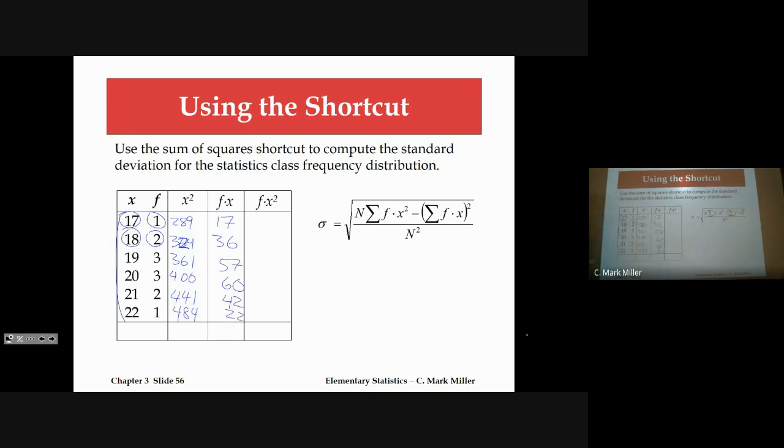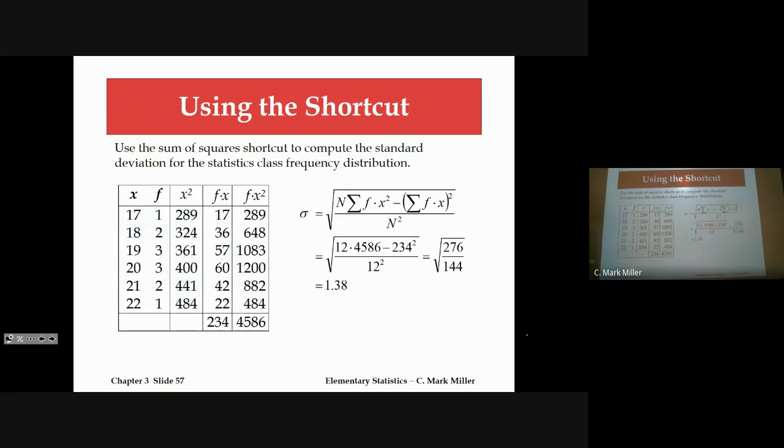And you've got to sum these. And for the last column, you take this column and multiply by your frequencies. These numbers get big here. Once you complete that column, you are interested in down here. These are the sums.